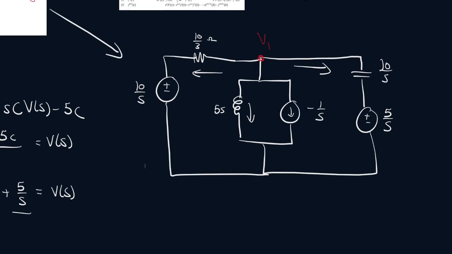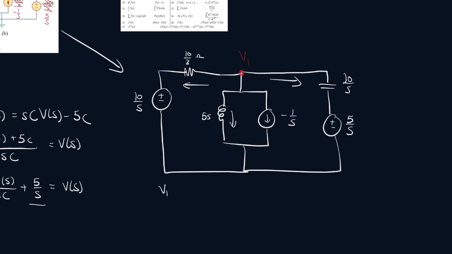So it's going to be V1 minus 10 over s, all over 10 over 3, plus V1 over 5s minus this current, so minus 1 over s, plus V1 minus 5 over s, all over 10 over s.